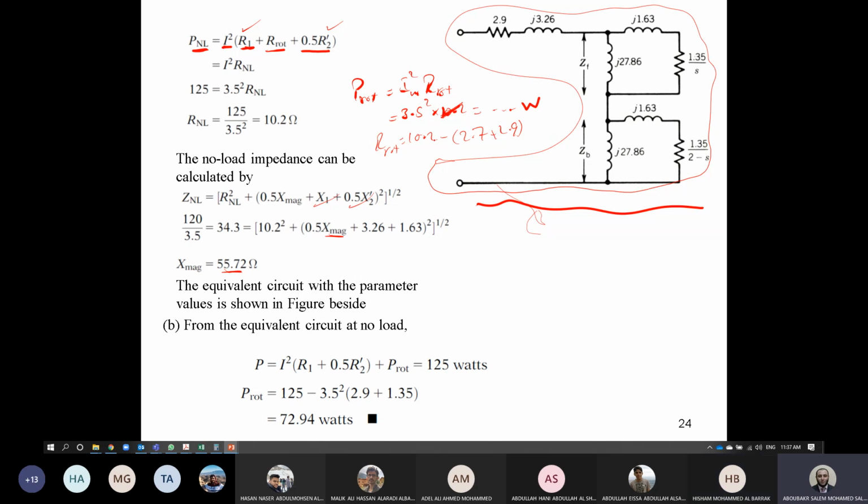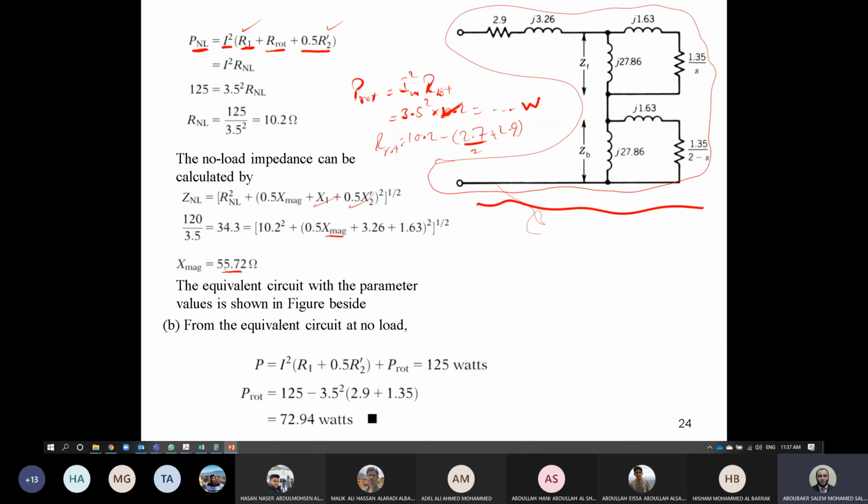How come? 10.2 minus 2.7 plus 2.9, it's higher than... No, for the 2.7 it should be 0.5 multiplied by, because as in the first line of the equation, this is divided by 2. Yeah, it's 0.5 R2 prime.